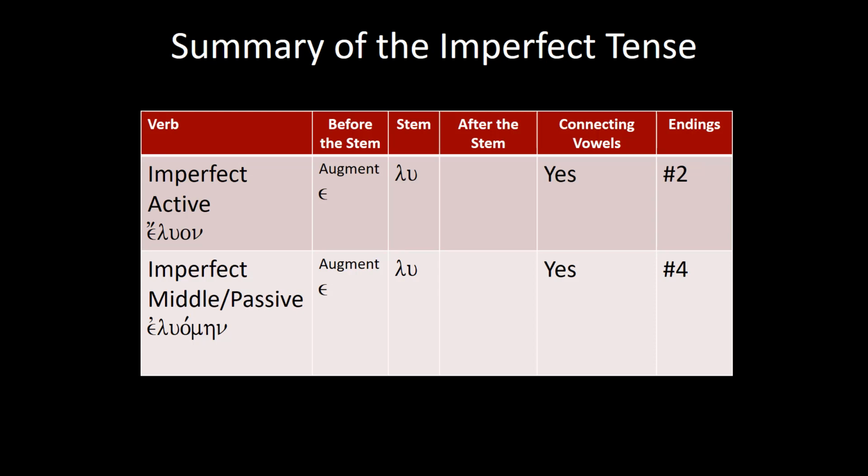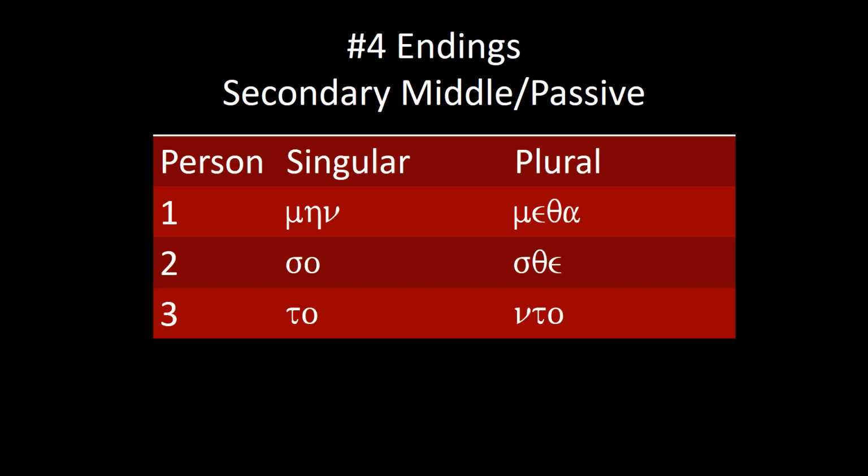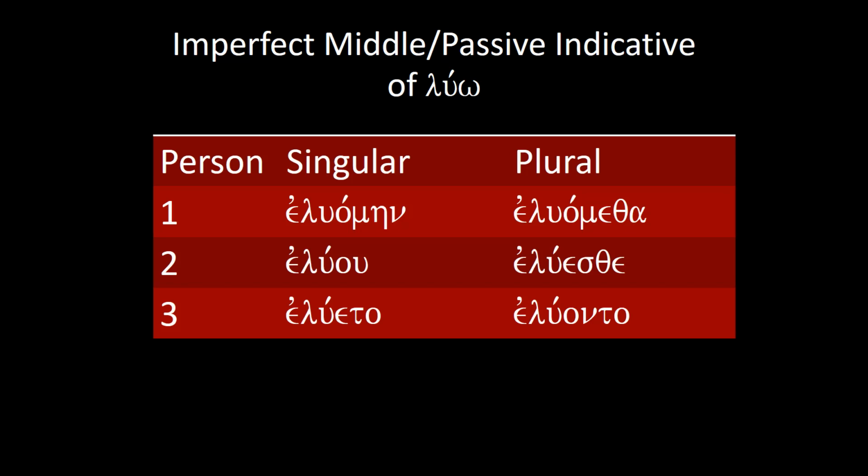So really the only thing that's different between these two forms is we switch number 2 endings for number 4 endings. Now remember the number 4 endings: mēn, sa, ta, metha, sthe, nta. And it looks like this: eluomēn, eluou, elueto, eluometha, elueσthe, eluonto.